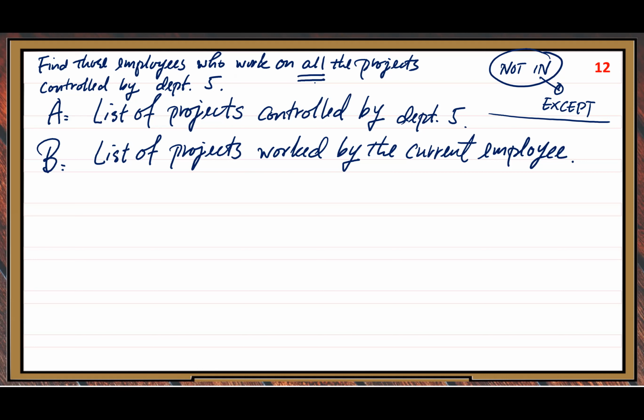If you do not use negation, this all part is hard: all the projects controlled by Department 5 also worked by this employee. Now with negation, you can represent that all.